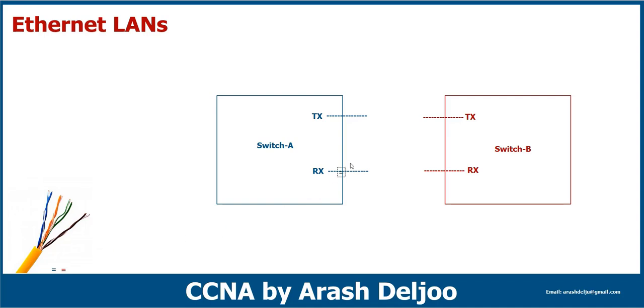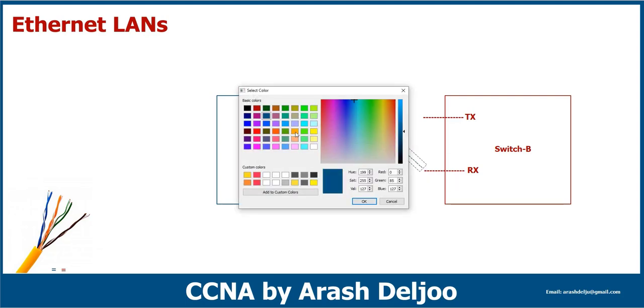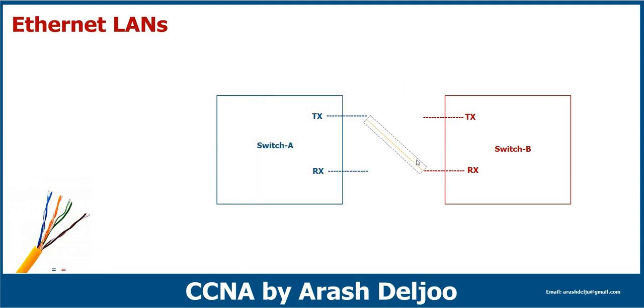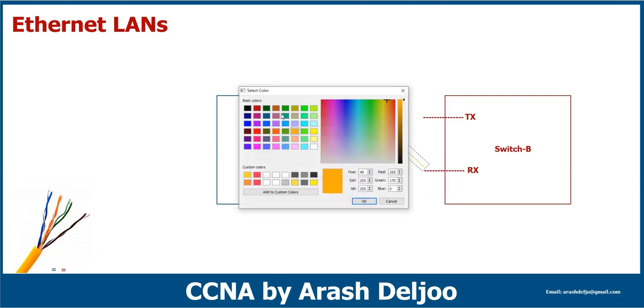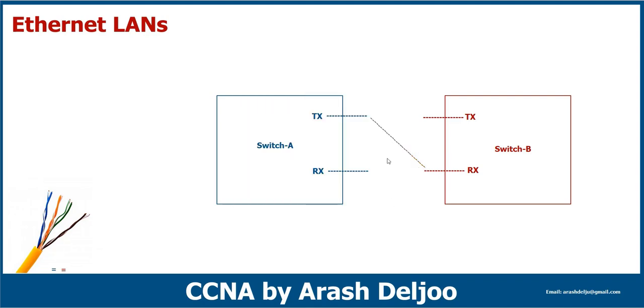For sending traffic, we need to connect the TX interface of this switch to the RX interface of switch B. Let me show you this with another color. Now we have connectivity between switch A and switch B, and we can send traffic from switch A to switch B. After that we need to connect the RX of switch A to the TX of switch B. This is a normal and correct behavior.